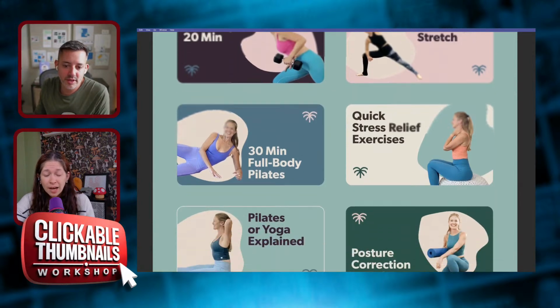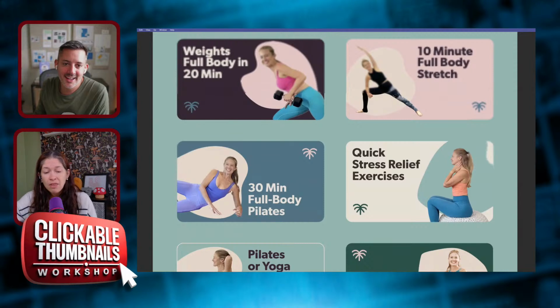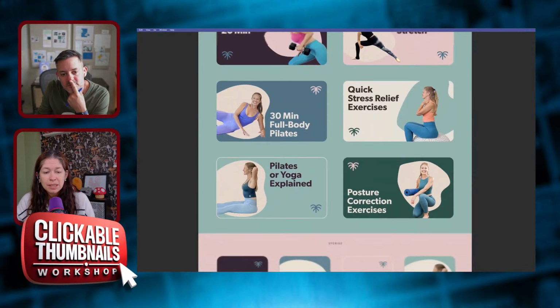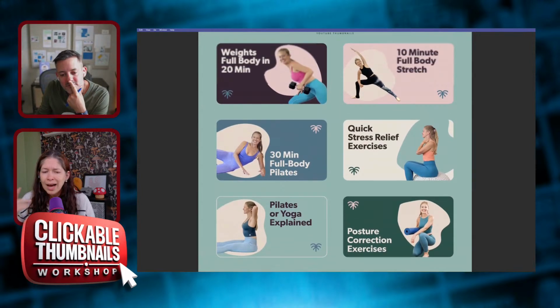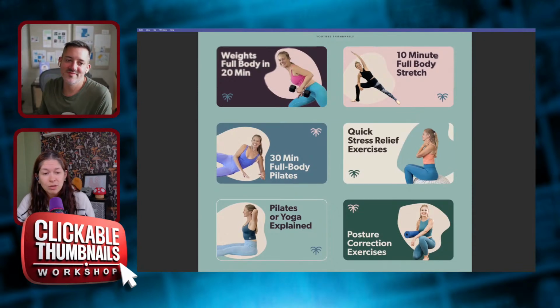What's really cool to see here is that you can immediately see that these go together. If I was working my way through these videos, I would be able to say, oh, I definitely watched Weights Full Body in 20 Minutes because I remember that thumbnail, right? I haven't seen Quick Stress Relief Exercises, but you know that it's all the same series or show because it's consistent.